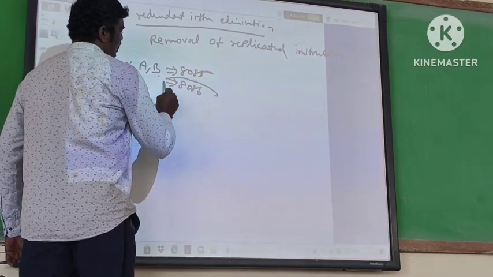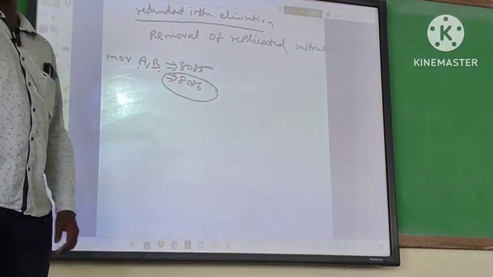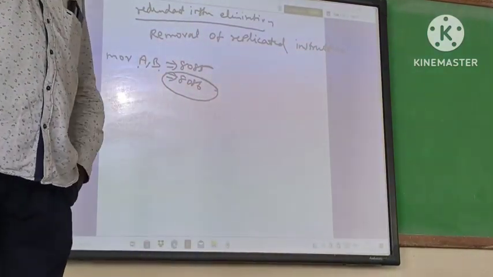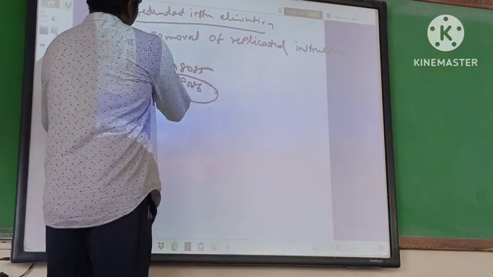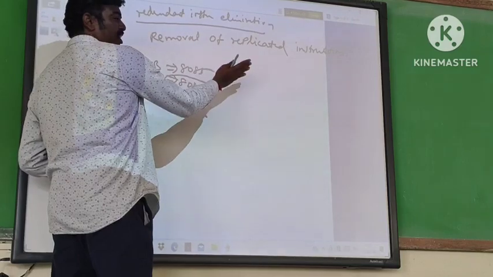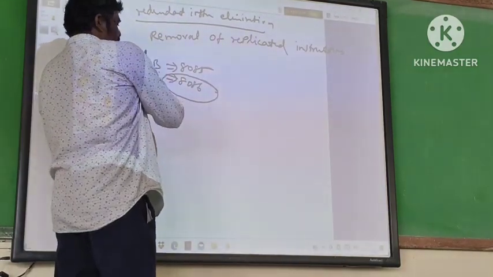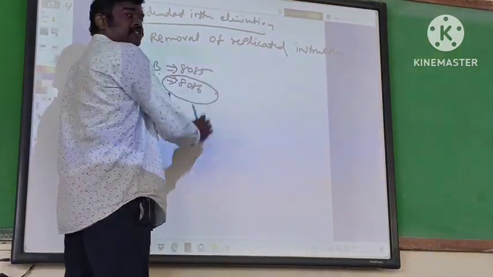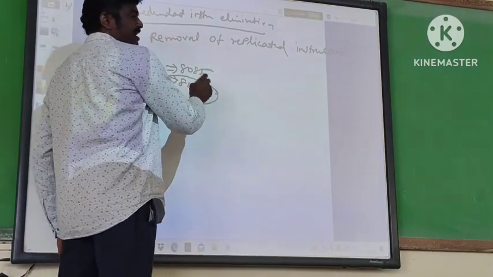Now we are following 8086. Left and right operands: if the right operand is getting stored in the left operand, then it is 8085. If the left operand is getting stored in the right operand, then that is 8086. Now we are using the 8086 version.